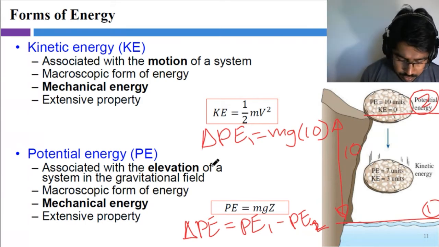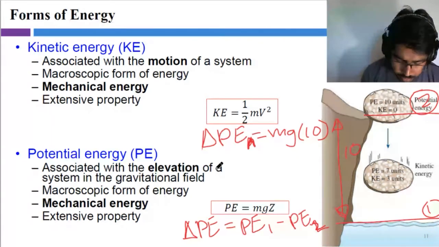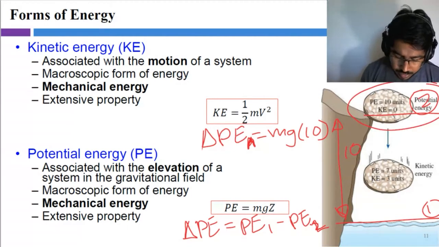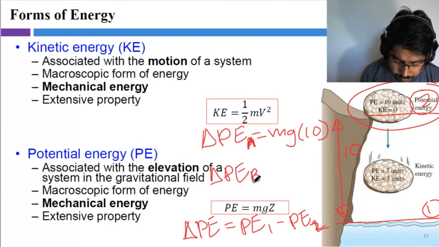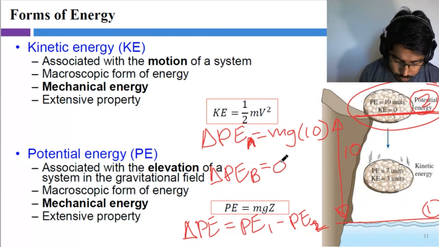Okay, so now let's call this delta PEA, scenario A, otherwise PE1 and PE2 are going to mix up. Now we'll consider this second reference, right? So we'll call the potential energy difference at that point delta PEB equals, at this point now we consider this as the PE0 level, so 0 minus mg times minus 10.